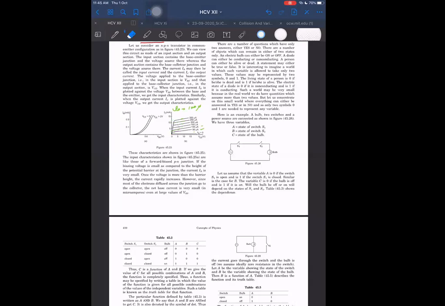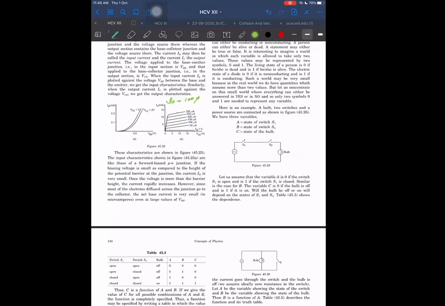Where it is 200 microampere, it will become 20 milliampere. Where it is 300 microampere, it will become 30 milliampere collector current. You understand? It will change in the same proportion, so the collector current becomes 100 times the base current. They are not giving beta as 100, but if they give some other beta value, we can find it out also. For me, calculation becomes easy, so I'm taking 100.